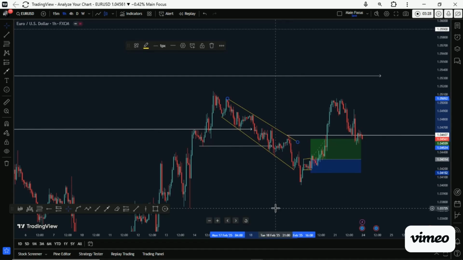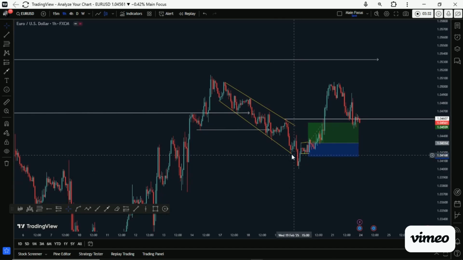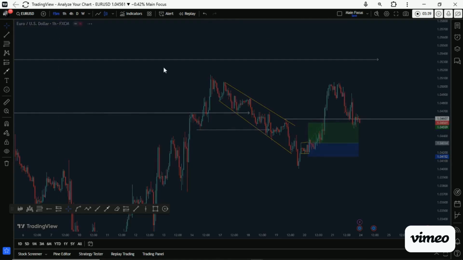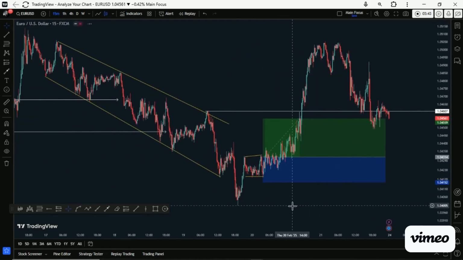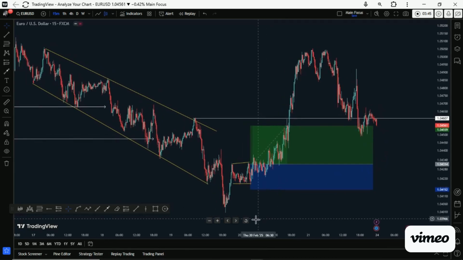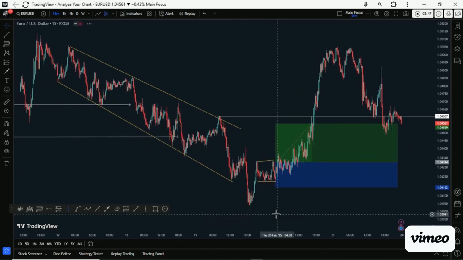Now I'm looking for a push and an insurance entry. So I got to acknowledge that price now pushes back into the corrective movement, and then it trades an insurance entry right there. It's not quite the clean one, but however it is more of like what I was looking for, a push and insurance entry.